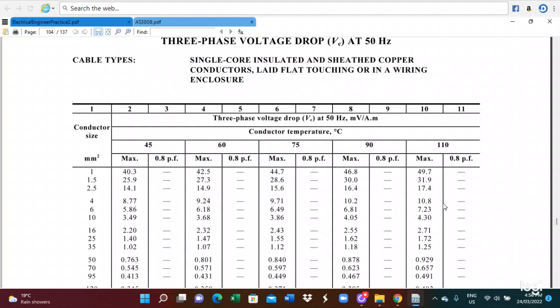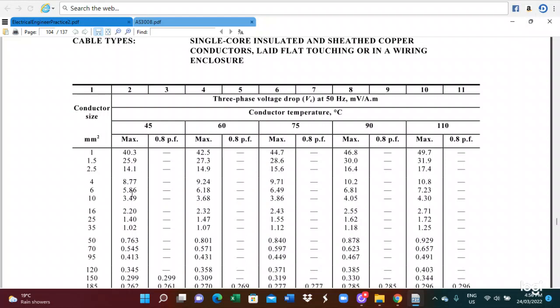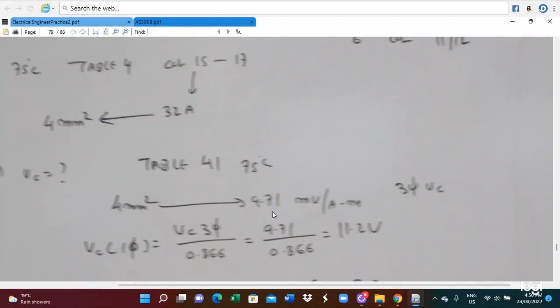Table 41, 4 millimeter square, at 75 degrees centigrade. The VC is 9.71, so we calculate VC as 9.71 millivolt per ampere meter.